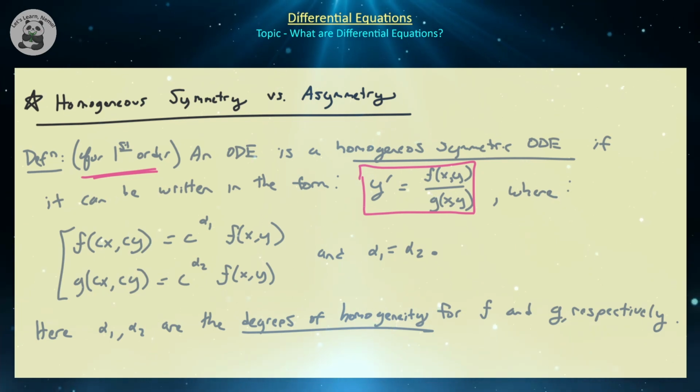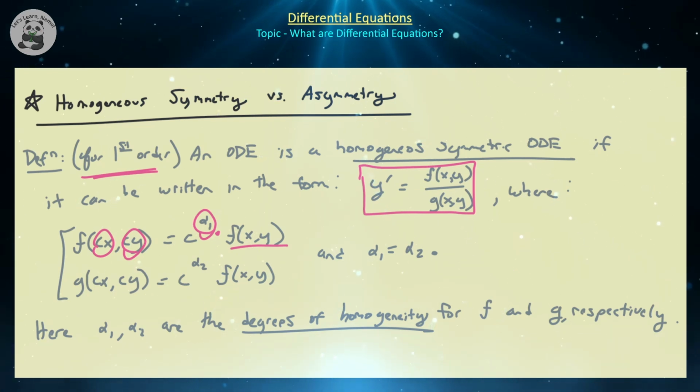First you solve for your dy over dx term, and then you're going to have a function on top and a function on bottom. The next thing is you're going to replace x with cx, and y with cy, and you're going to factor out your c, and hopefully you'll have c to the power of alpha 1 times the original function with no c's in it. If that is the case, we call alpha 1 the degree of homogeneity for the function f.